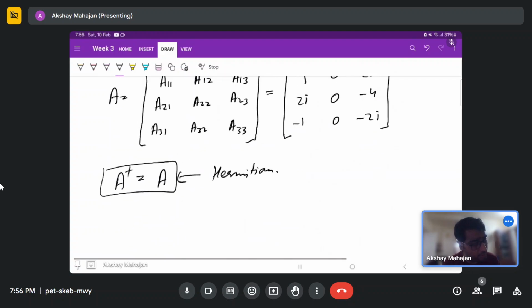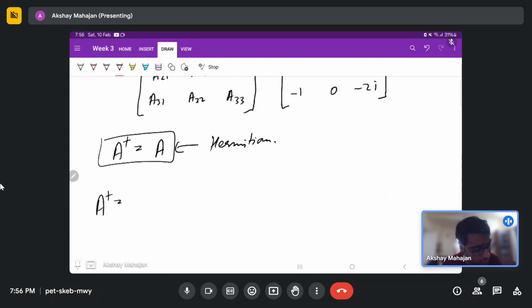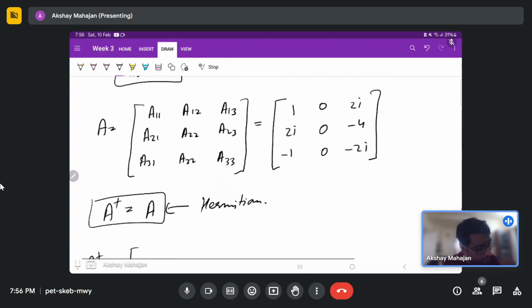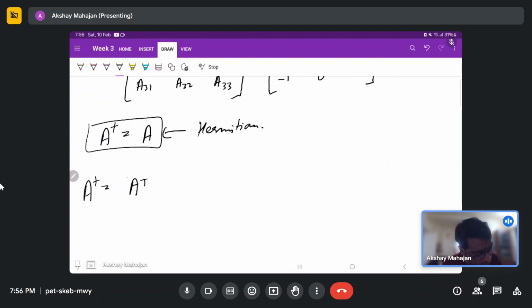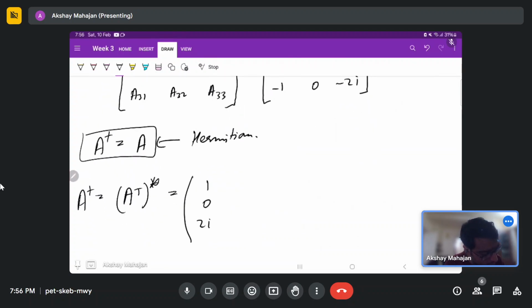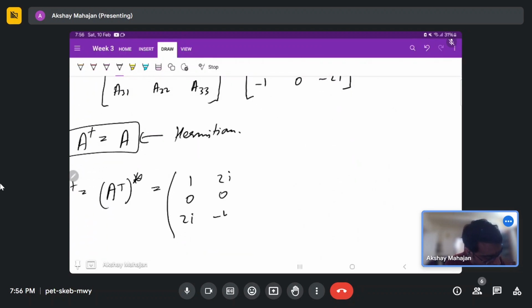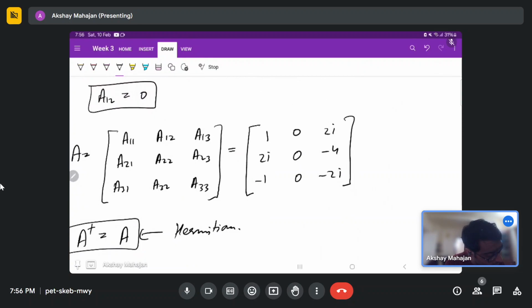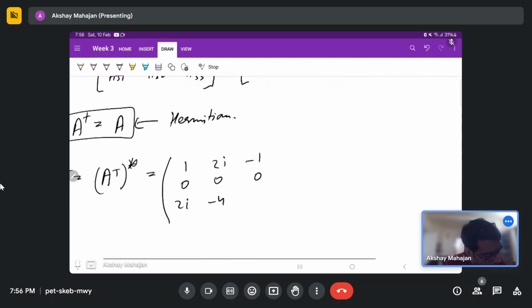So basically you have to take the transpose of this matrix and then the complex conjugate. First I will take the transpose of this. So it is A transpose, and you take the complex conjugate of that. Now A transpose is basically 1 0 2 iota, 2 iota 0 minus 4, and minus 1 0 minus 2 iota.